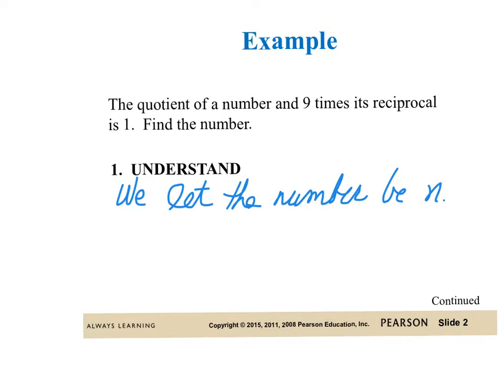And if we let that number be n, then it says something about its reciprocal. So the reciprocal of that number n would be 1 over n.